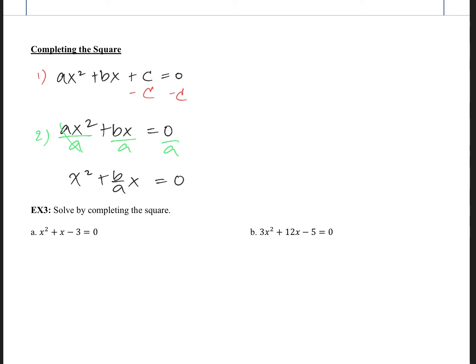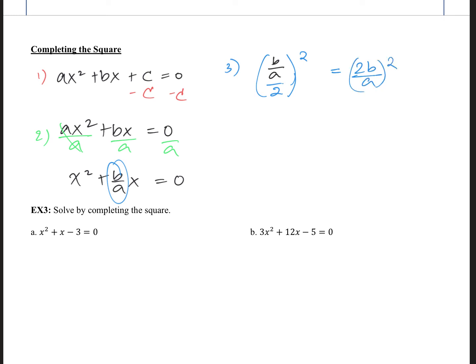Then the third thing we're going to do is take the middle value, b over a, half it and then square it. Kind of weird, but that is the plan. And there is a way to show how this is proved, but we're not going to work on that now. If you'd like to figure that out, please send me an email and I can show you how that works. And then the value we get there, that is going to equal b over 2a squared.